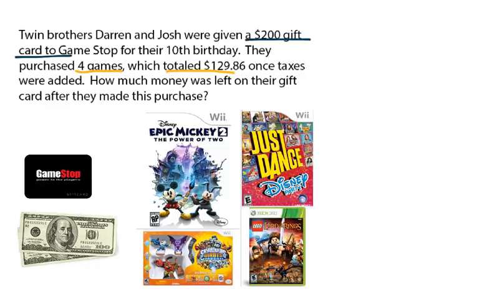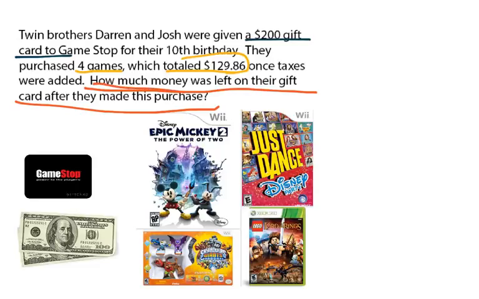The next thing I noticed is that they purchased 4 games, and the total of those 4 games was $129.86 once they had paid for their taxes. Then I noticed that there's a question that we are being asked. How much money was left on their gift card after they made this purchase?